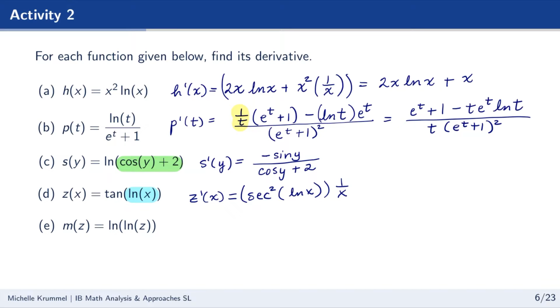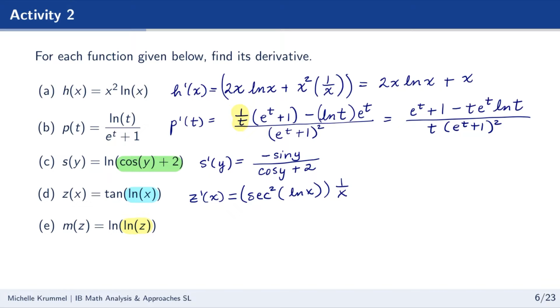And finally, m of z is equal to the natural log of the natural log of z. This is also chain rule. The inside function is the natural log of z. The outside function is the natural log of stuff.